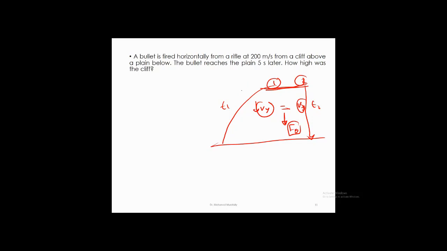Can we use this simple argument to solve problems? Yes, look at that. We have a bullet fired horizontally from a rifle at 200 meters per second from a cliff above the ground. This is the cliff, and this is the ground.